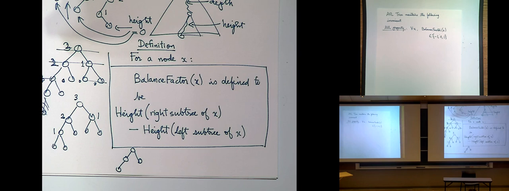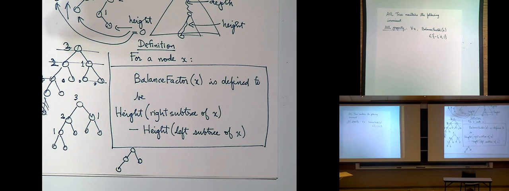So what we're going to do is simply try to maintain this property after every insert or delete. And that's where we have to do rotations and come up with the right way of rebalancing. But the first question you can ask is, how do I know that this tree is going to be balanced enough?